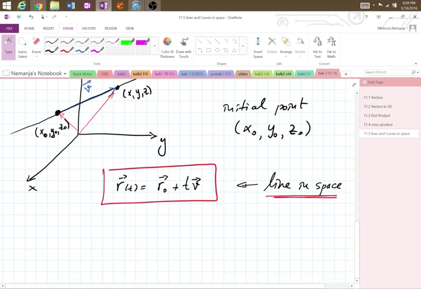So what is this r? r is right here. r is the vector x, y, z. r0 is the vector x0, y0, z0, plus t and then there is this still mysterious vector v.